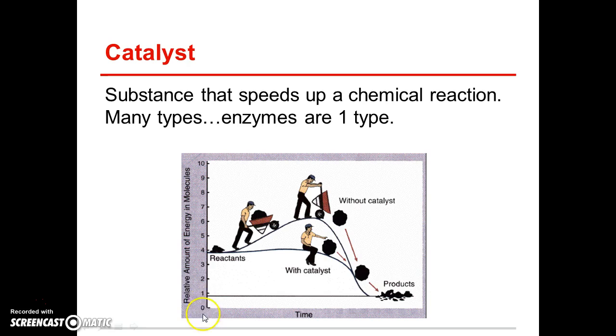So we have energy going up this axis, the amount of energy going up, and then time is increasing as we go to the right. Now looking at the two lines, we have one going very high and another one not going very high. When we talk about a chemical reaction, we have reactants going in, and products coming out.